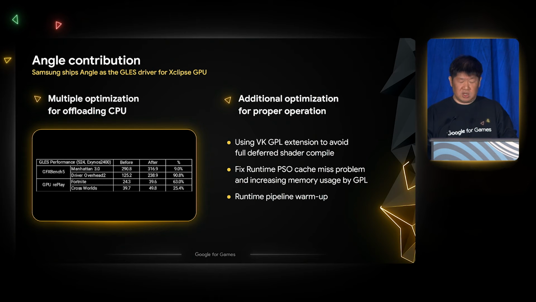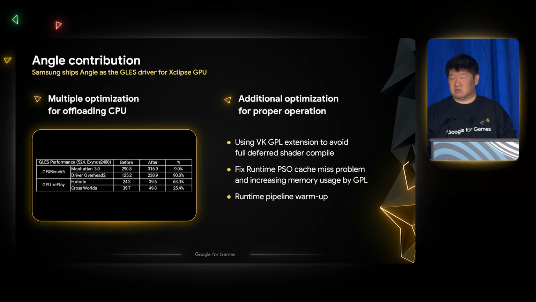And we do a lot of optimization on ANGLE to support GLES on the Eclipse GPU, in the Galaxy S24 European model and also the Korean model. There is a really big jump in the benchmarking and also in real games. So that comes from the real benefit of optimizing ANGLE.